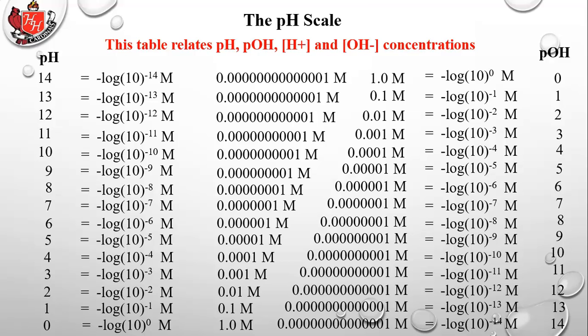And that's a very strong base. It's only 10 to the minus 14th molar for acid, but it's 1 molar for base, so it's a very strong base. And as you move down the table, the bases get weaker and the acids get stronger until you get to the bottom. So you can see how all of that relates right there.